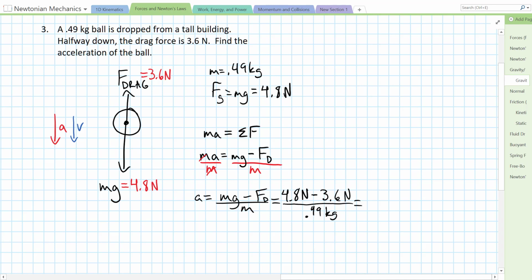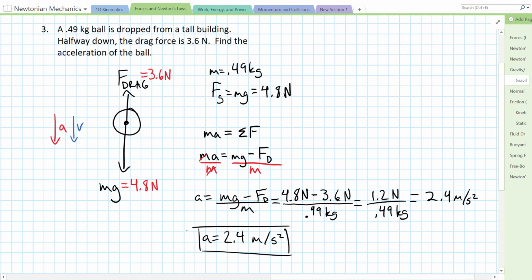Acceleration is force over mass. Up top, we're going to get 1.2 newtons divided by 0.49 kilograms. Gives us a net acceleration of 2.4 meters per second squared. A equals 2.4 meters per second squared. Okay, there's problem 2.